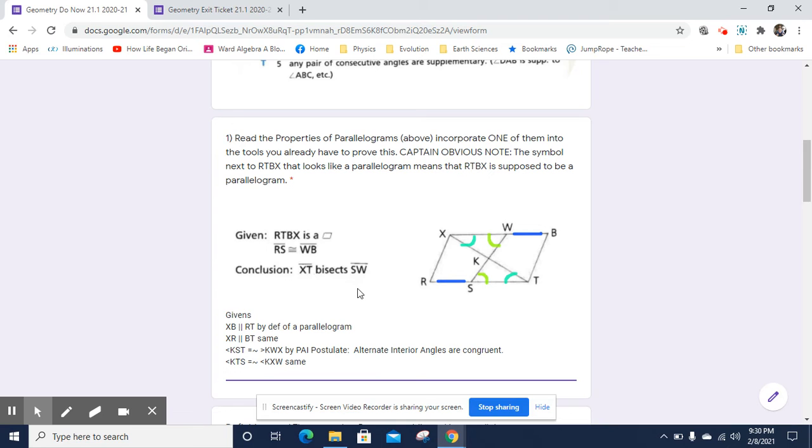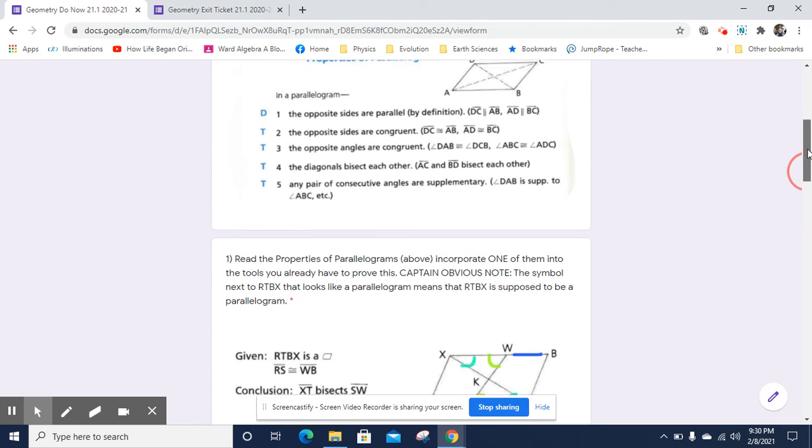RT, actually, let's see. We do need to state this. We need to say RT and XB are congruent. Okay, RT is congruent to XB by definition of, let's go back up there and take a look.